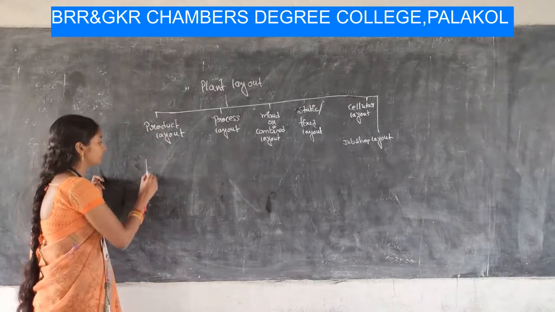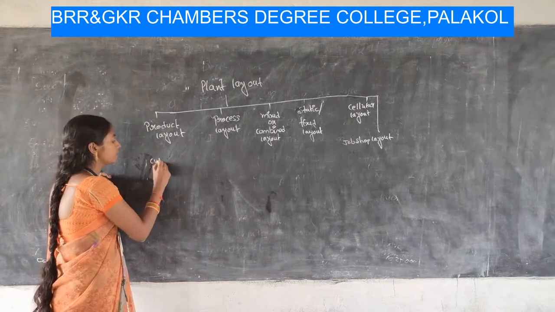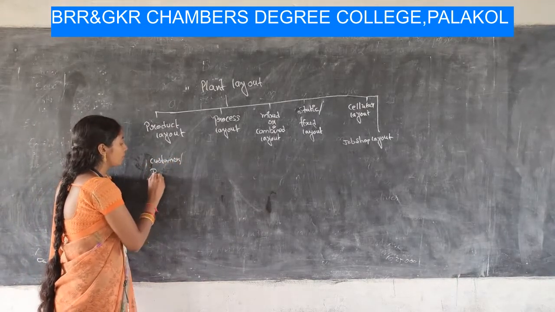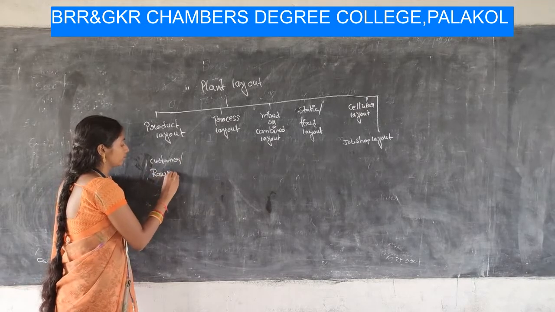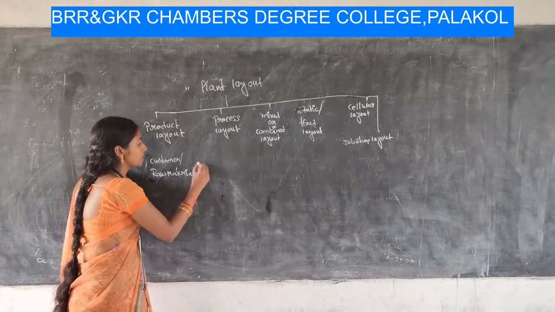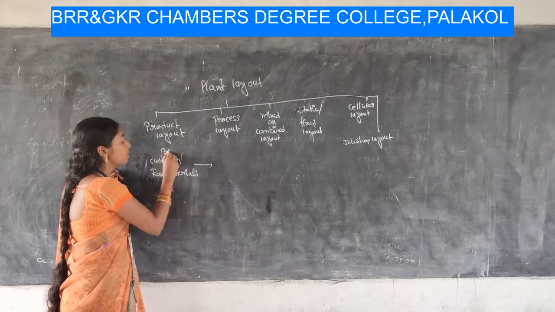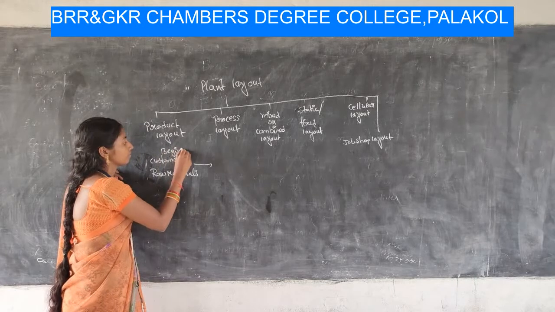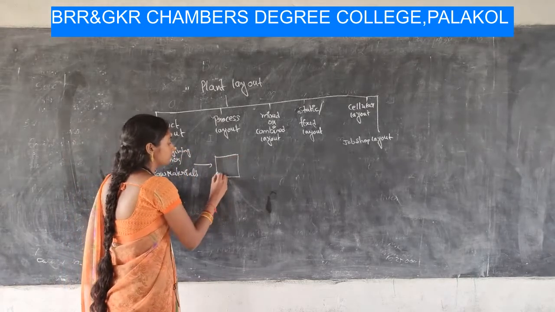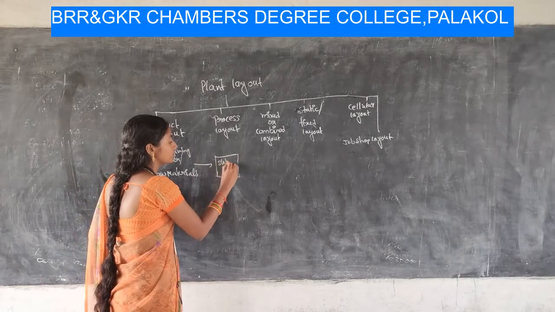So the structure of the product layout can be observed like this. For example, here customer and raw materials are there. Here, it is the beginning of the process. Here, station 1.